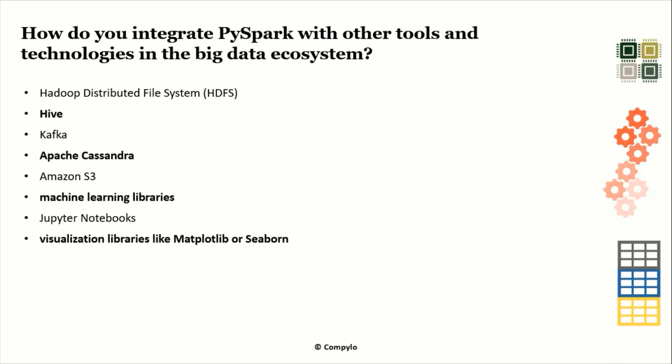Next point is PySpark can consume and produce data from Kafka for real-time stream processing by using the readStream method to read from Kafka and process streams. Also, PySpark can read from and write to Apache Cassandra, which is a distributed NoSQL database, by using the Spark Cassandra connector library to integrate.